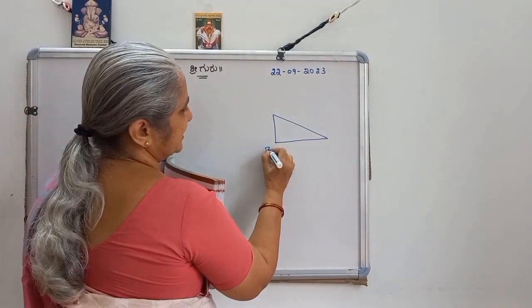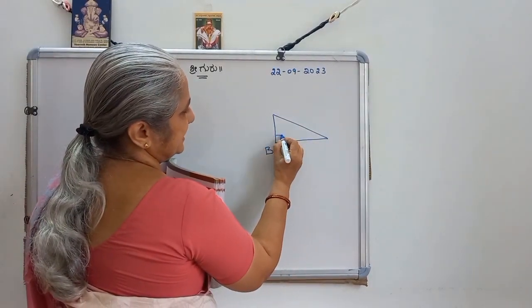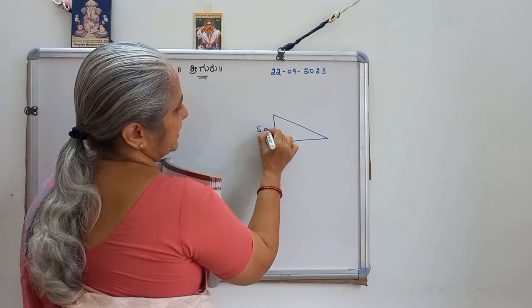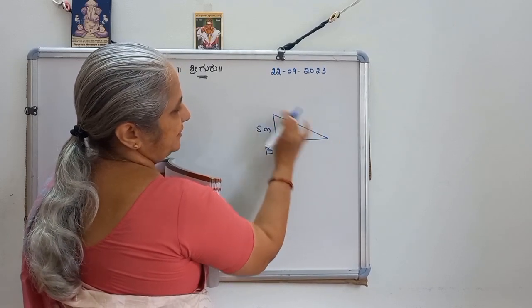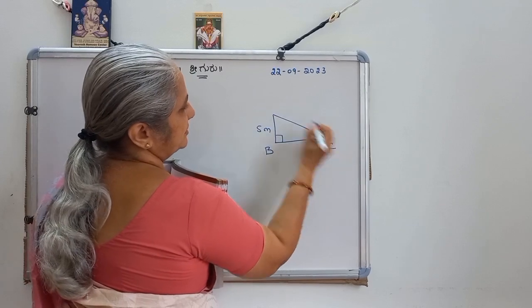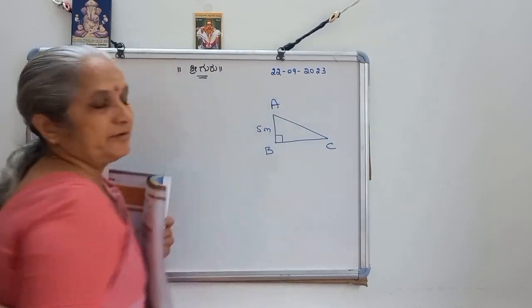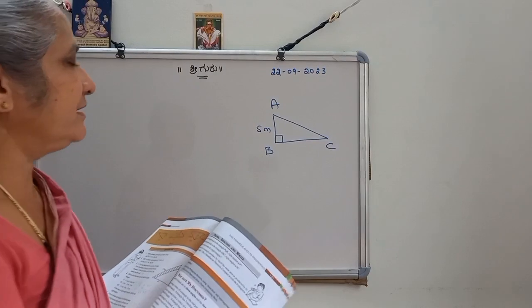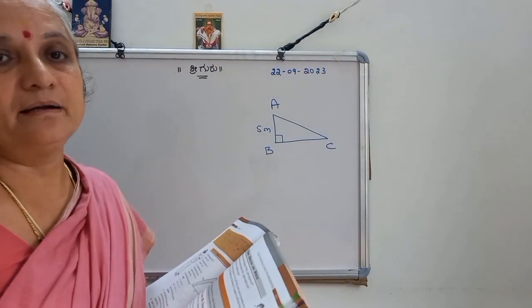This is the base of the tree and we consider it as a right angle. At 5 meter height, the tree breaks and falls on the ground. We form here a right angle triangle.